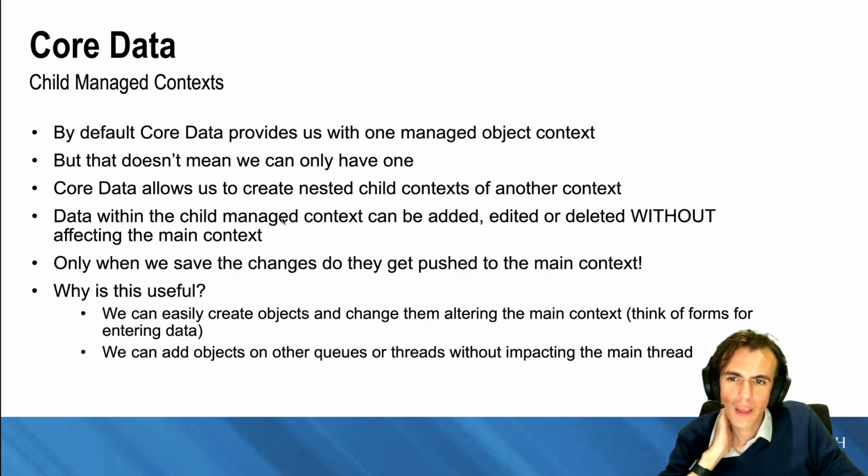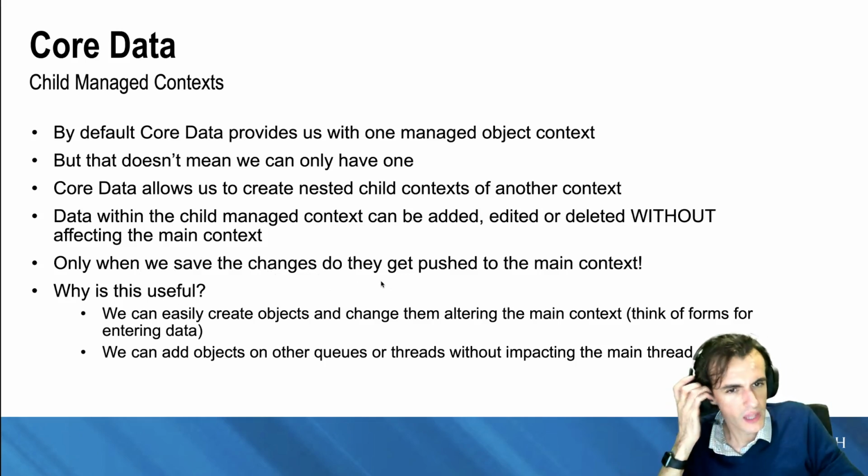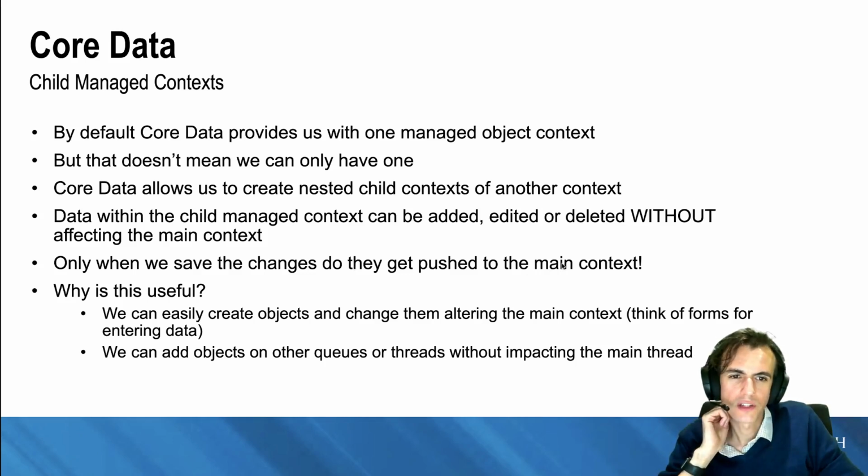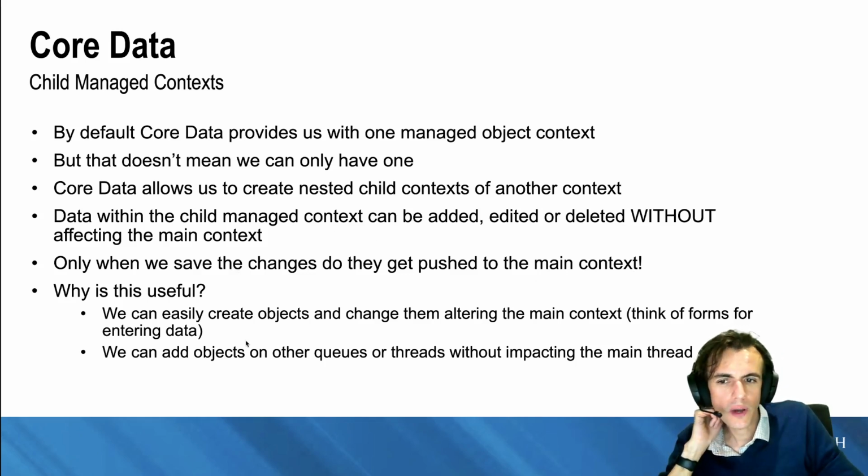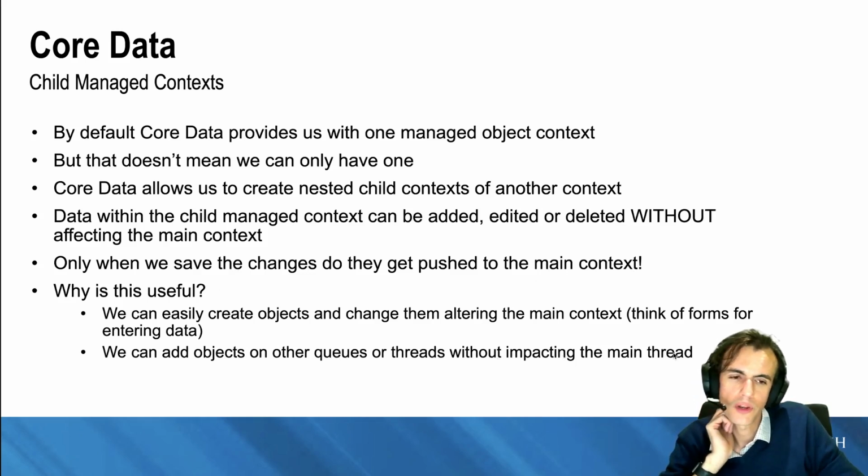So if you've got a child context, it's only when you save the child context that those changes end up in the main context. And if something changes in the main context, those changes get propagated down to the child context. So this is also a way to work with objects on other queues or threads without impacting the main thread performance. And this is important in iOS because all of the UI operations are done on the main thread.